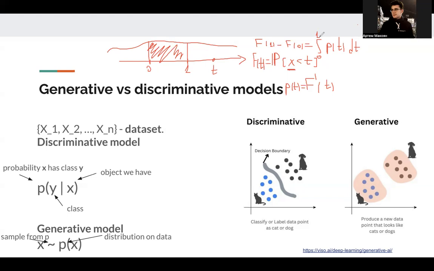It's some formal formulas, but let's talk about the ideas. Now we have a data set, our objects, and we want to say that we have a distribution on it. For example, if we talk about text, some words are more frequent than other words. You can see them more times.